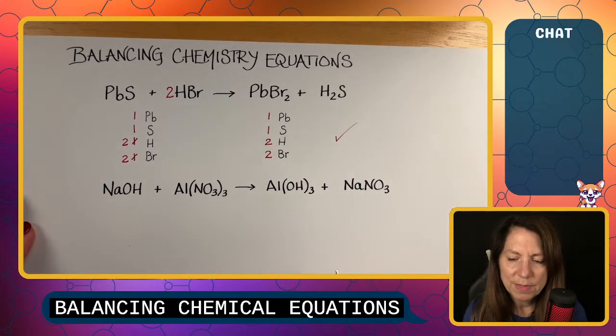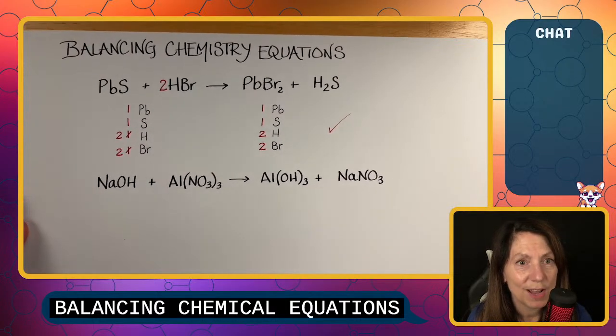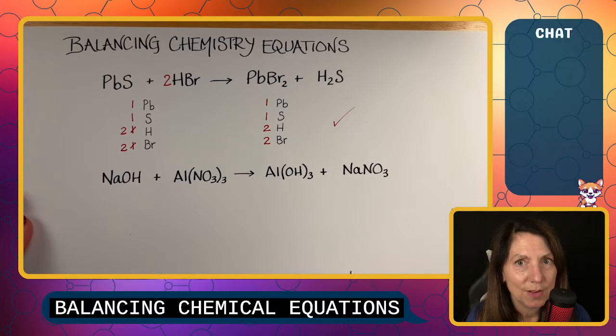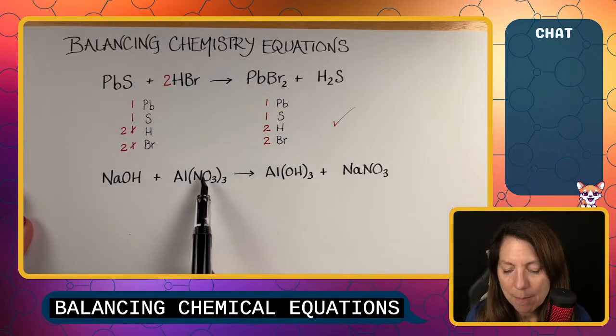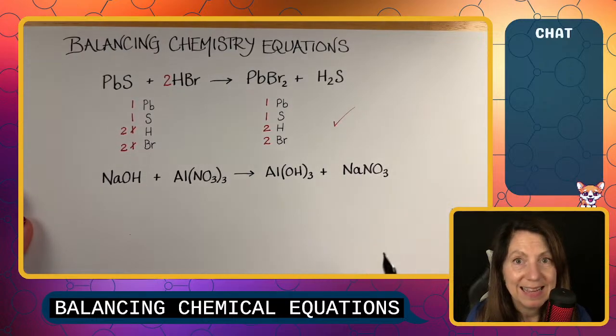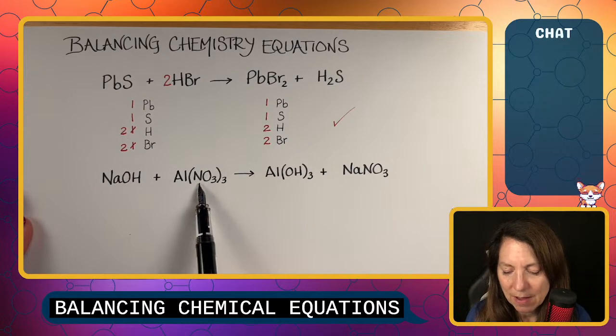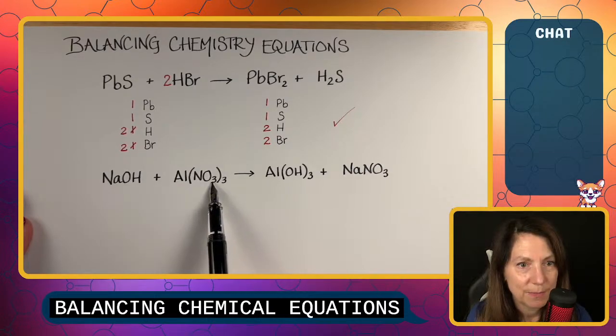Okay, so with this one, I am going to show you a little trick. This is a trick that you can use when there are polyatomic ions that stay intact. Here's a polyatomic ion, nitrate. It is NO3 with a 1 minus charge.